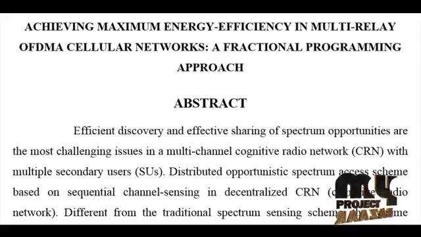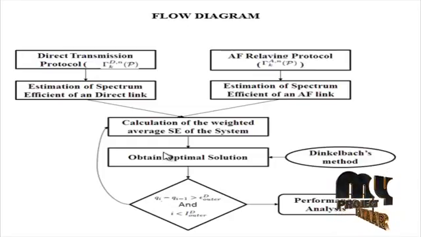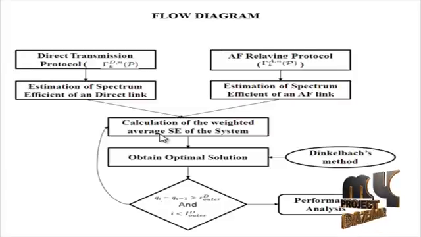These probabilities ultimately lead the system to move to states of lower energy. This approach jointly addresses when to perform sensing, which channels to sense, in what order, and how long to scan each channel. About the flow diagram for our process.